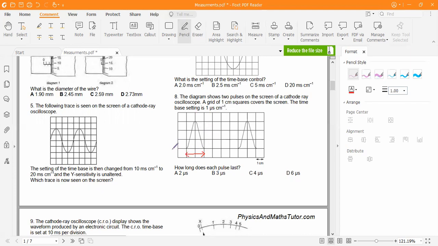We can see that this pulse lasts for 2 blocks on the CRO, and we know that each block represents 1 microsecond. So there are 2 blocks and each block represents 1 microsecond. So 2 times 1 will be 2 microseconds. So we will choose this option.